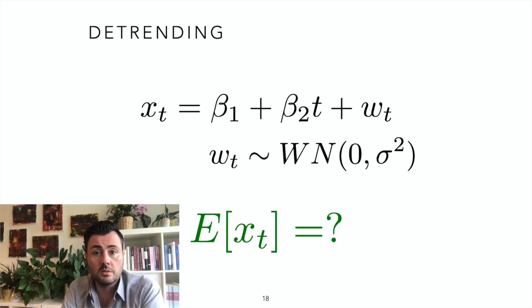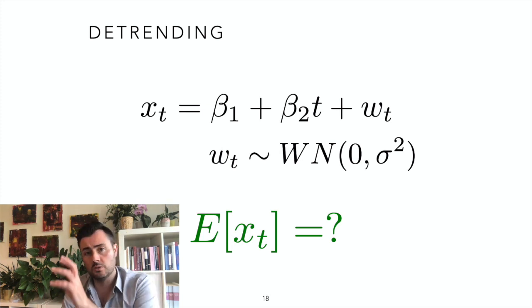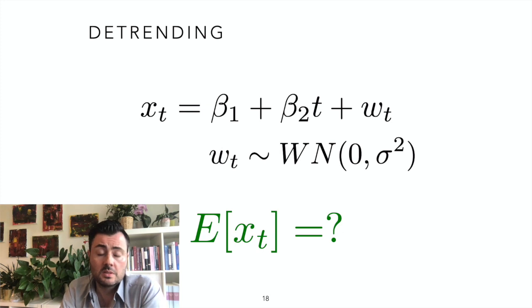For the expectation of beta 2 t, again, what we get is beta 2 t remaining there. Finally, for the expectation of the w_t terms, since we are speaking about white noise, the expectation is 0. So that term disappears. So we have that the expectation of x_t is equal to beta 1 plus beta 2 times t.